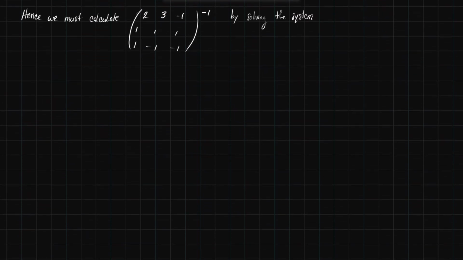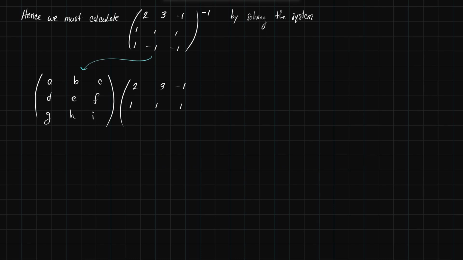I'm going to write it out as I did the last time, A, B, C, D, E, F, G, H, I. This will be our inverse. It's going to hit the matrix we wish to invert, 2, 3, 1, 1, 1, 1, 1, negative 1, negative 1. And we're hoping that this gives us the identity, which is 1, 0, 0, 0, 1, 0, 0, 0, 1. This is always the identity.